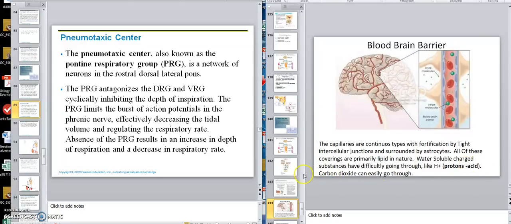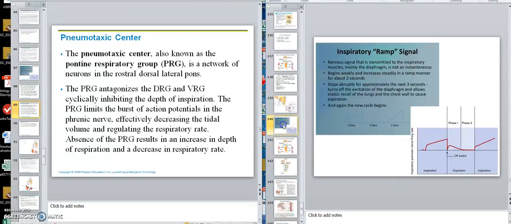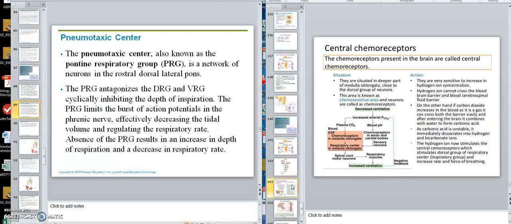Carbon dioxide can easily go through. So I want you to think of the cerebrospinal fluid and the surroundings around the capillaries as we approach this. Now, that is true when we look at the central chemoreceptors.